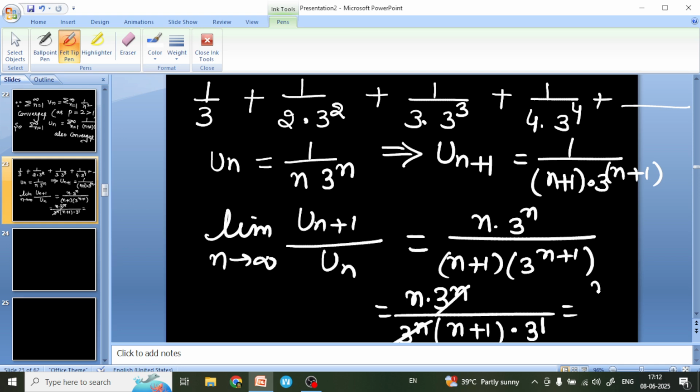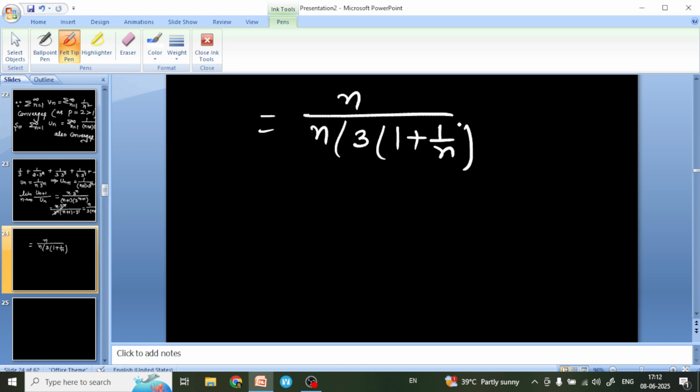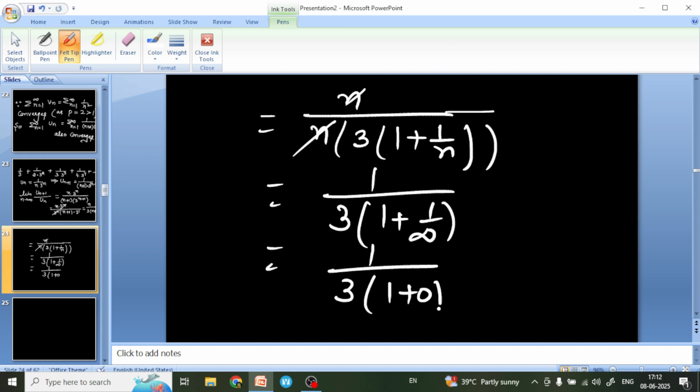This cuts with this, n over 3 into n plus 1. Now again I will take n common in the denominator. You can see here it will be 1 plus 1 over n. N cuts with n. Now finally you find 1 over 3 into 1 plus 1 over infinity, that is 1 over 3 into 1 plus 0, that is 1 over 3.